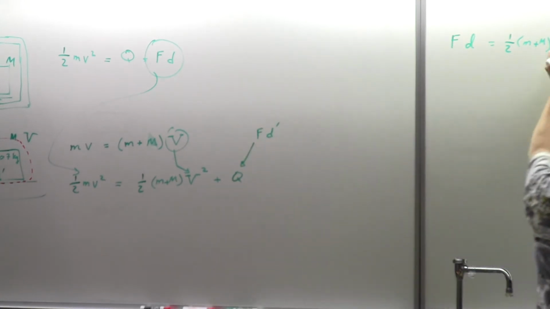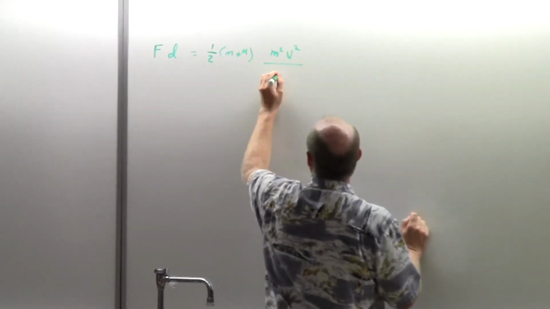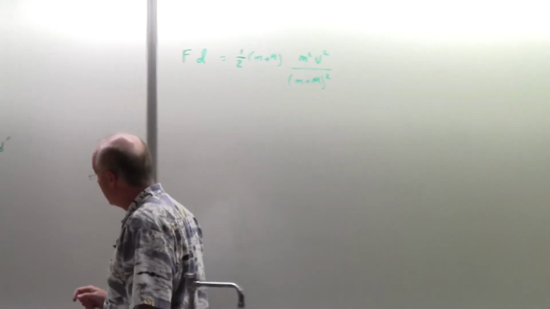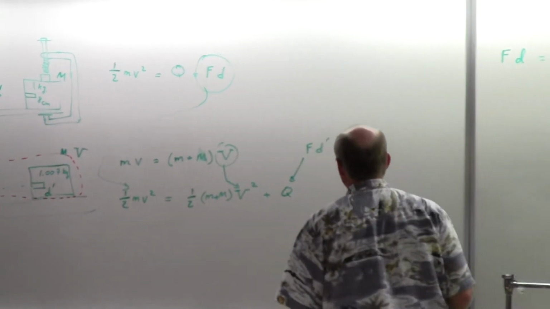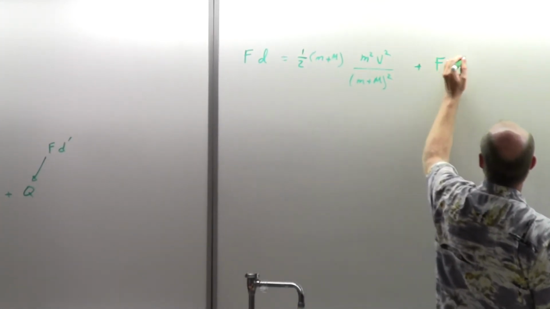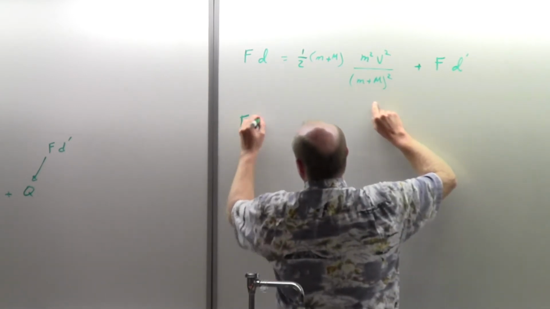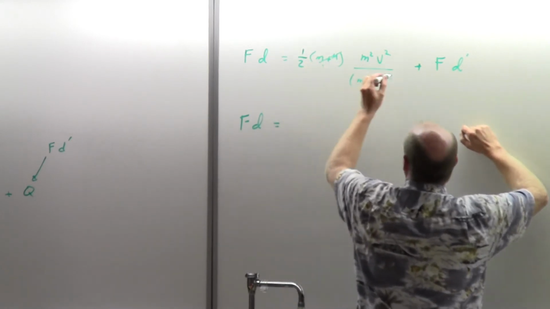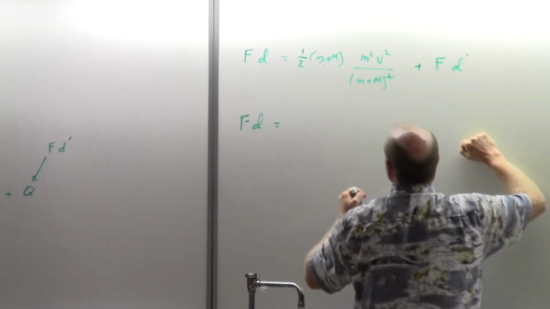And so that would be a little m squared, a little v squared, over an m plus a big M squared. And so that's what happens when I move that to that side of the equation. And then plus force times the d prime. And let me take a close look at this. You will notice that one of them upstairs cancels with the one downstairs.